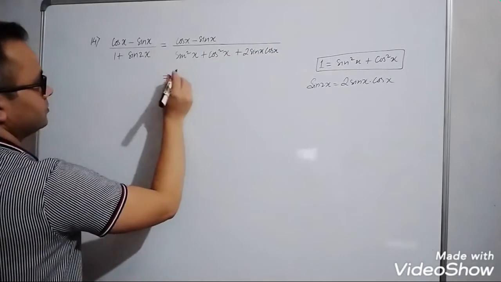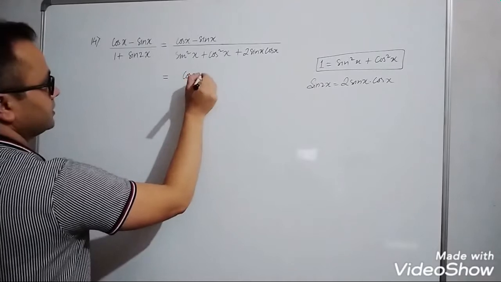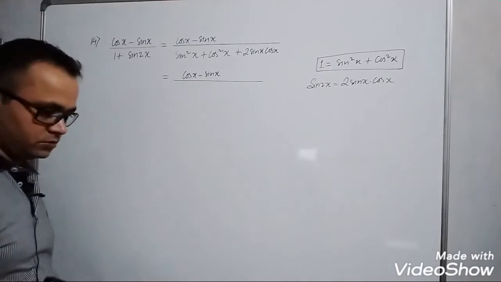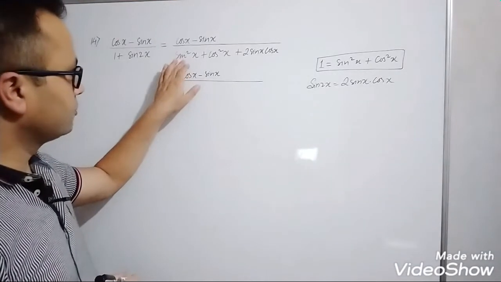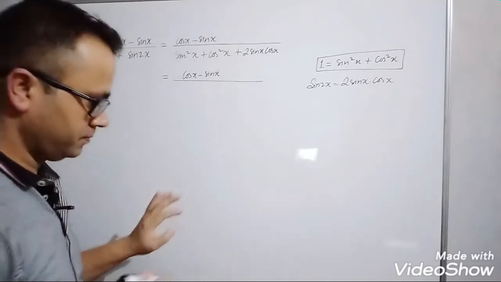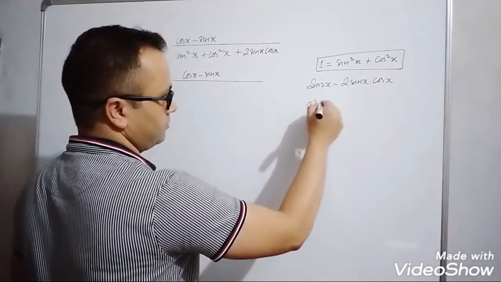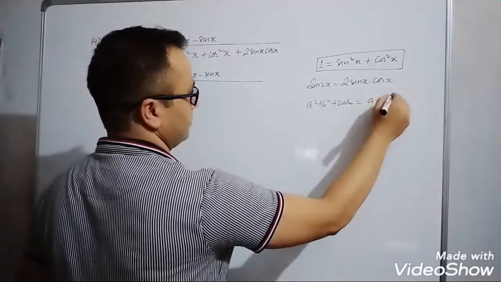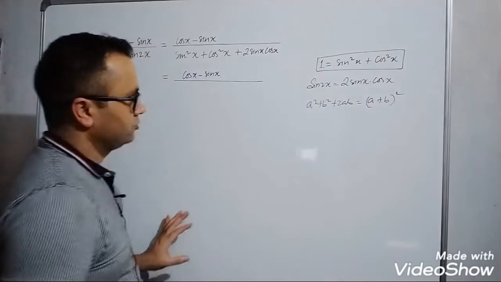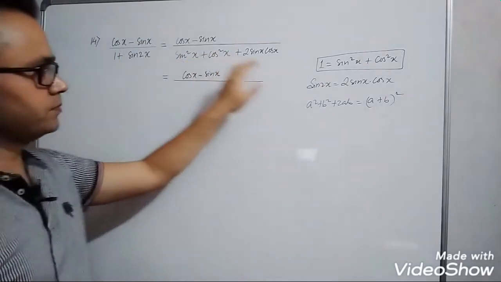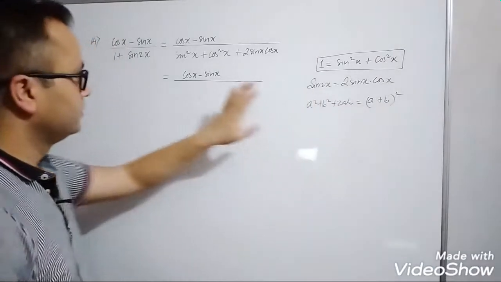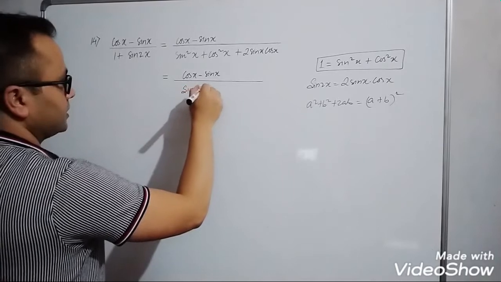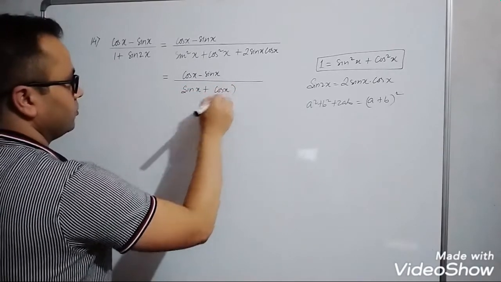This equals, numerator the same, cos x minus sin x, in the denominator, look here: a square plus b square plus 2ab is a plus b whole square. So it can be written as sin x plus cos x whole square.